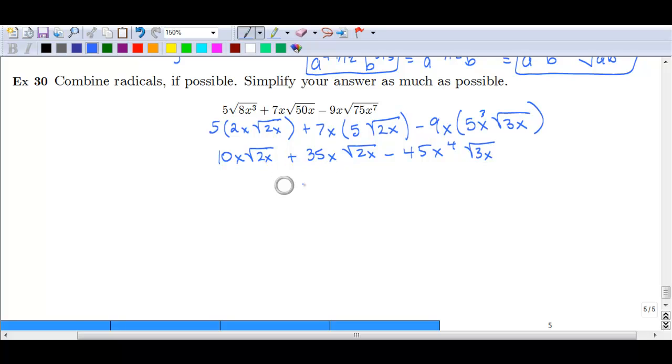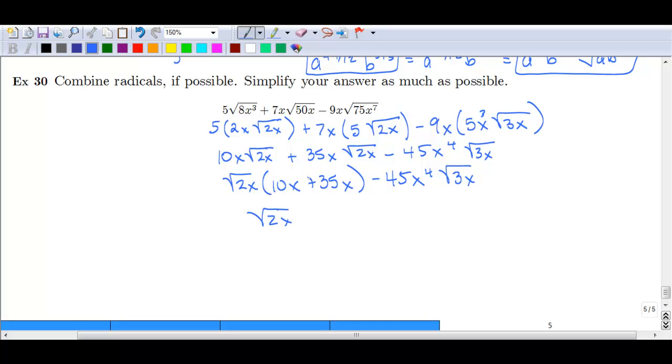Now these two terms both have a root 2x in common, so we can factor that out, and we are left with a 10x plus a 35x. And then this square root of 3x doesn't belong, so it's just going to stay minus 45x to the 4th, square root of 3x.